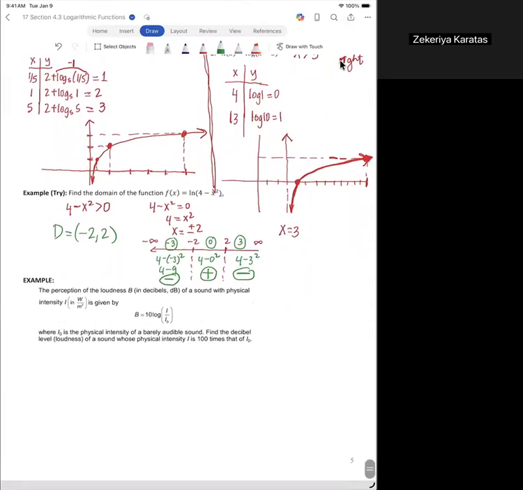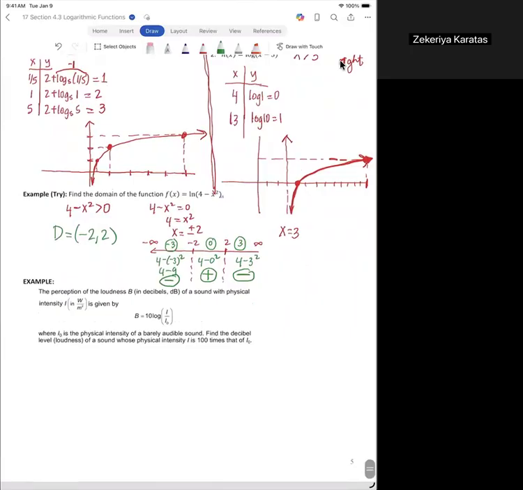The last problem is an application problem. The loudness B of a sound with physical intensity I is given by B equals 10 log of I divided by I0. I0 is the physical intensity of a barely audible sound.